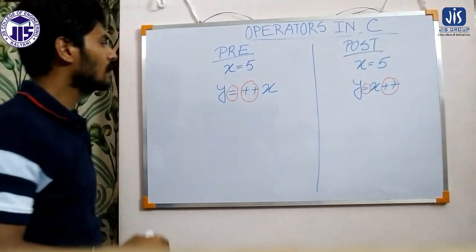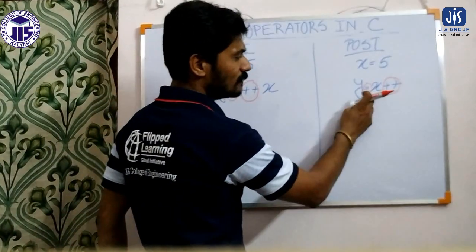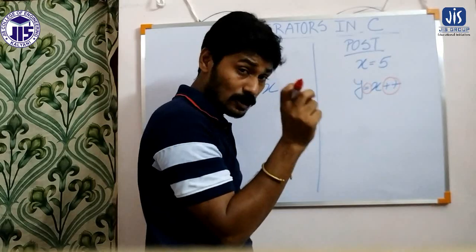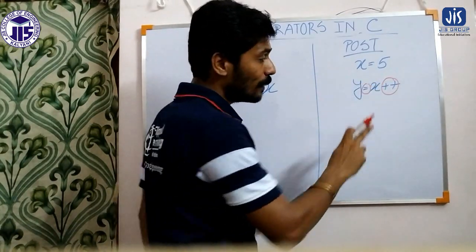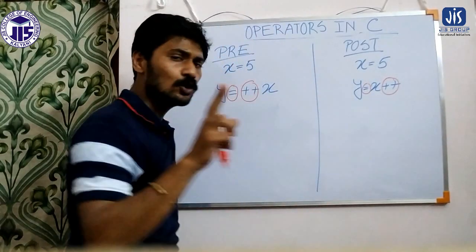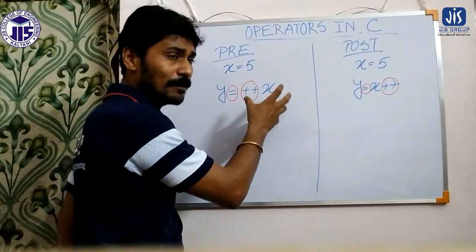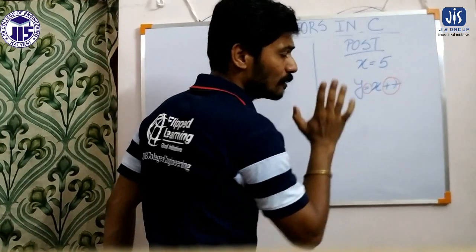Here we have the assignment operator as well as the increment operator. Here also we have the assignment operator, that is y equals to, so equals to is the assignment operator, then x plus plus, increment operator. So basically two operations are there. One is assignment, another one is increment. Here is also assignment and increment.